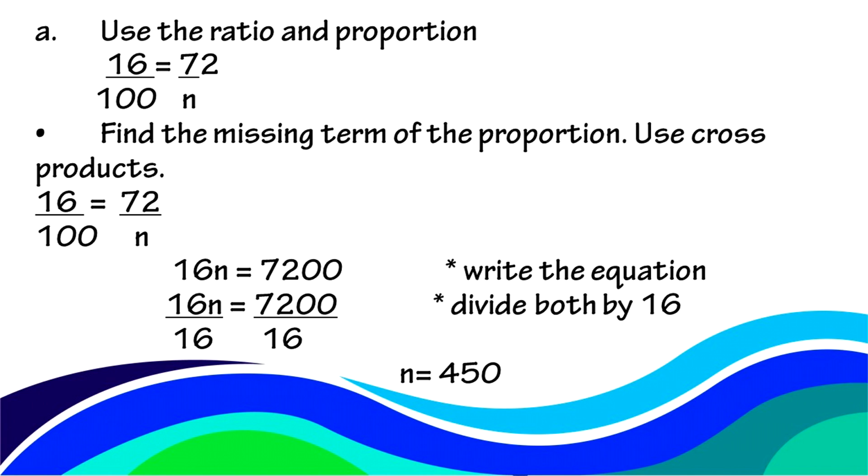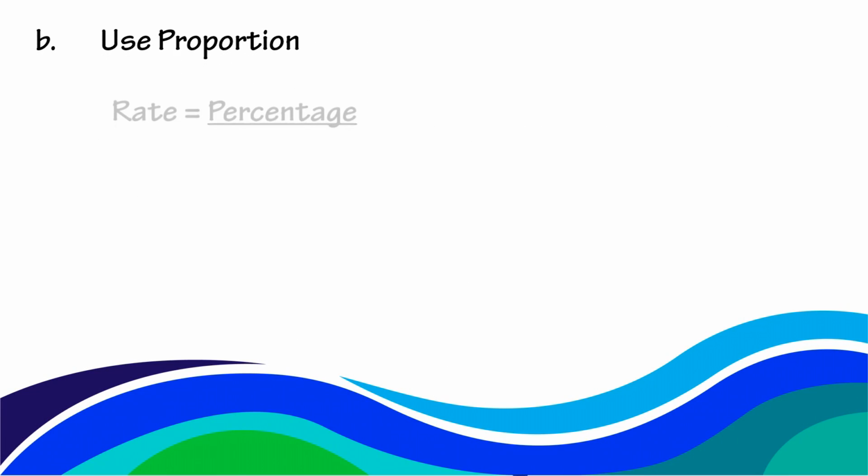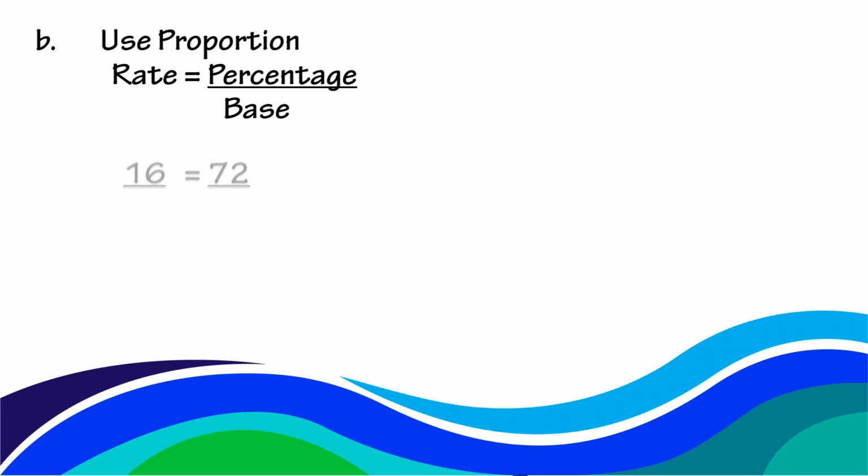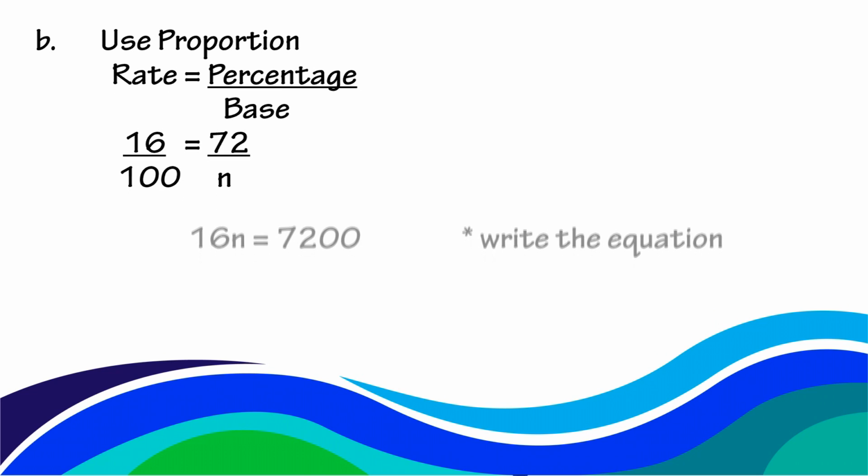Then we divide both sides by 16. Therefore, 7,200 divided by 16 is 450, and 16n divided by 16 is n. Therefore, n here is 450. The next way is to use a proportion: 16 over 100 equals 72 over n.